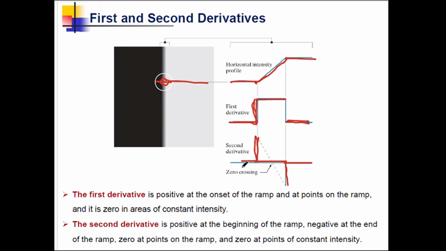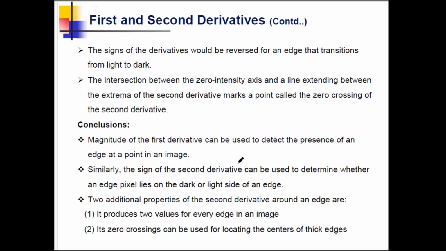See, here also it is constant. So for this considered region of the image, if the second order derivative is like this, then you can say there exists a ramp edge. In that way, you can identify the edges using first order and second order derivatives. This is all about the first and second order derivatives.